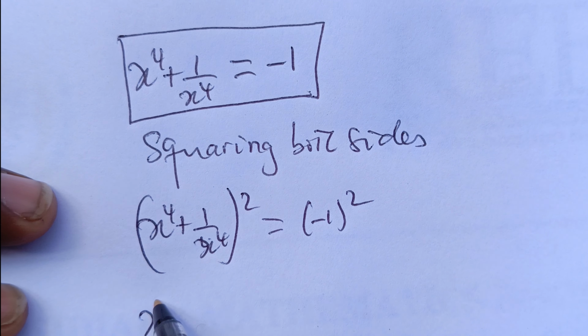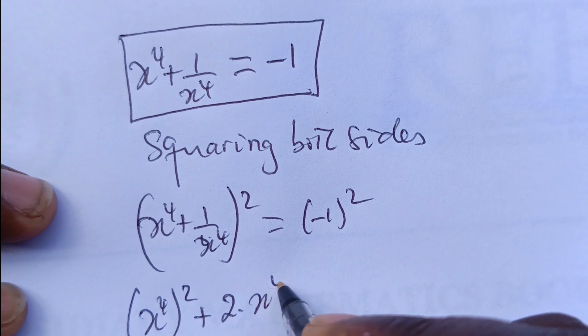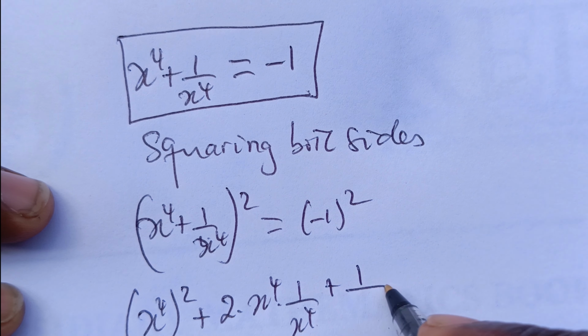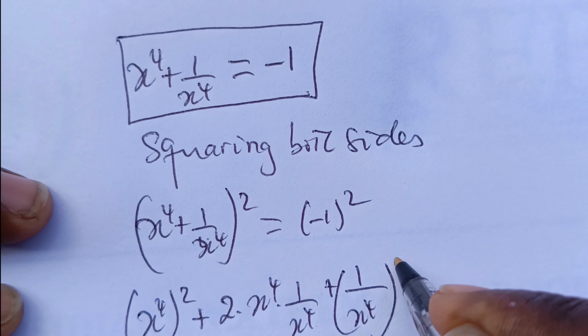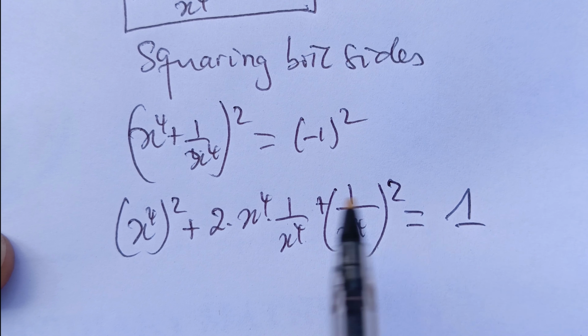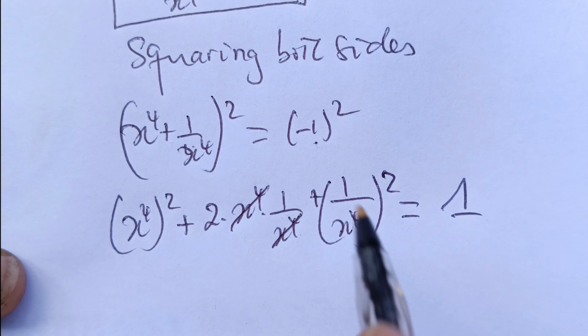Here we have (x^4)^2 plus 2 times x^4 times 1 over x^4 plus (1 over x^4)^2, and this is 1 because the square of minus 1 is 1. And this simplifies this.